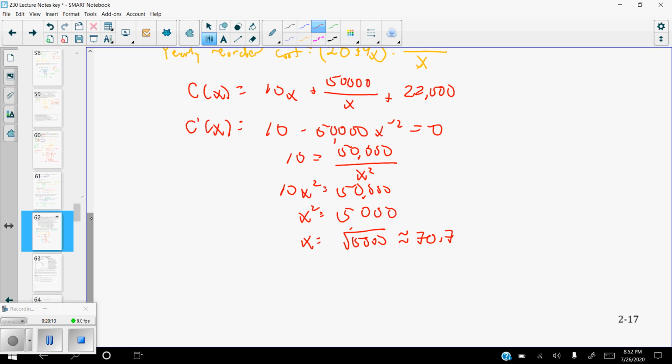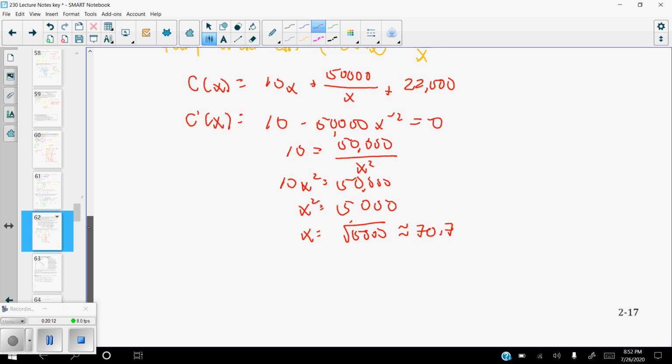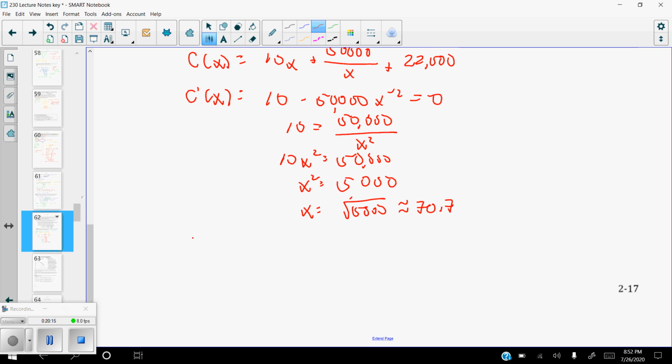Let's see. We're trying to minimize this, right? Yeah, minimize. So let's go ahead and double check that this is a minimum. So we'll take a second derivative, and the second derivative is going to be positive 100,000 x to the negative 3, which is the same thing as 100,000 over x cubed.